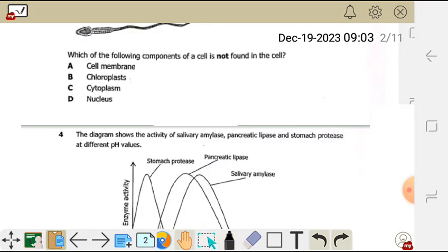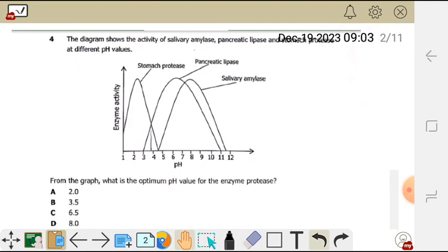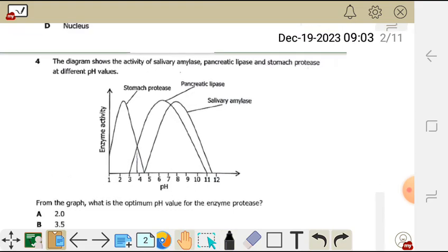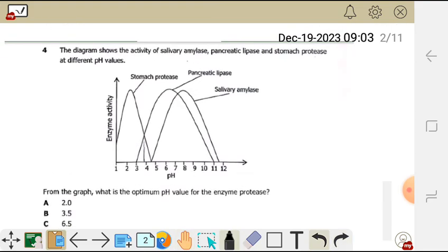Question 4. The diagram shows the activity of salivary amylase, pancreatic lipase, and stomach protease at different pH values. Okay, so this is the diagram.